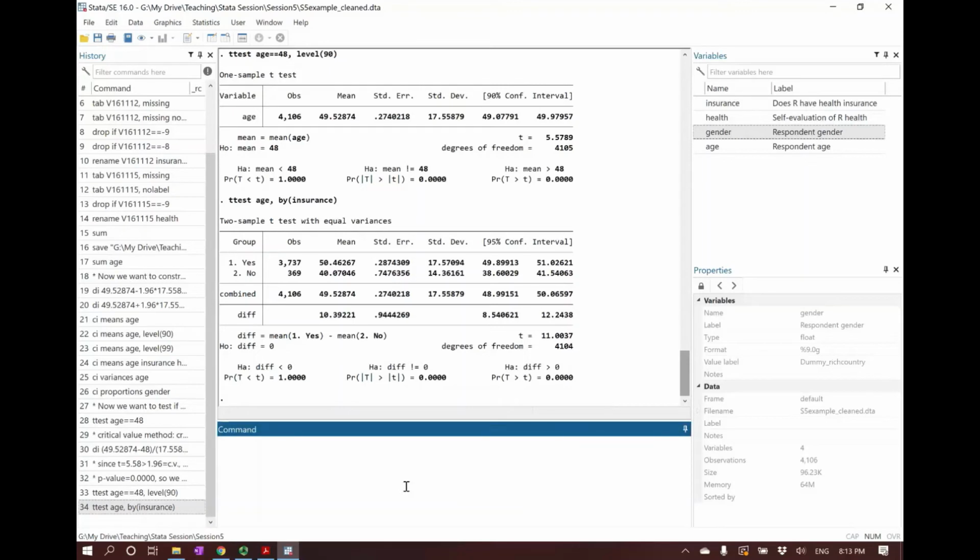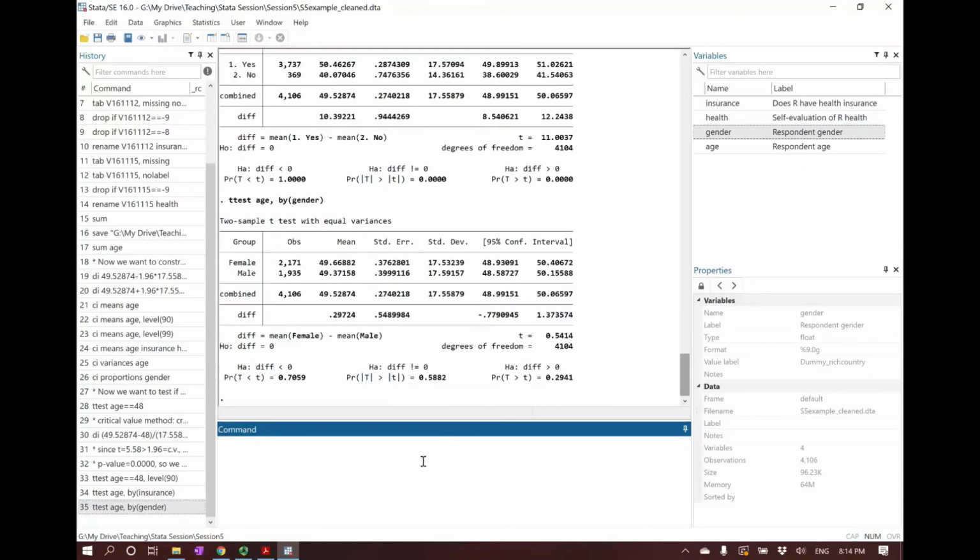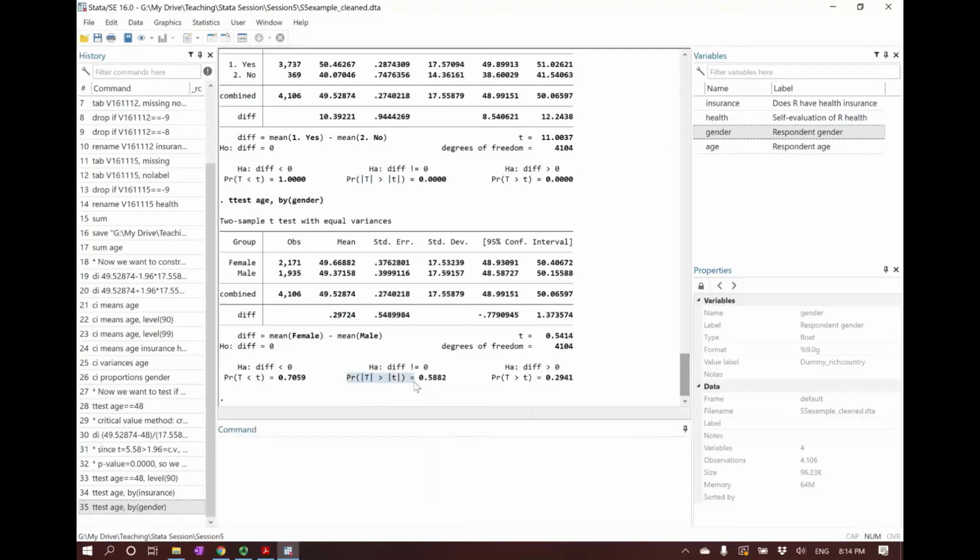Okay, so I can probably also test age across gender. Gender is another binary variable. So if I'm testing the mean age across female and male, I can do this command. If I click enter and quickly read my p-value, it's 0.5, 50%.